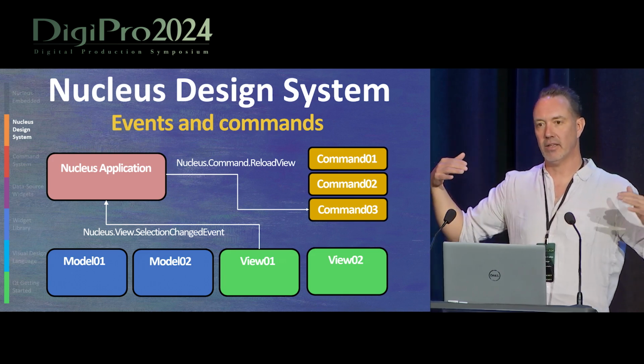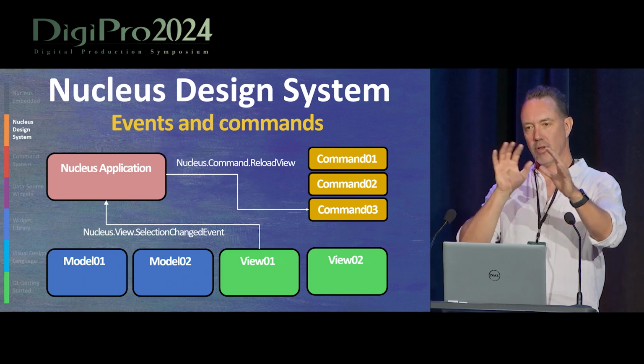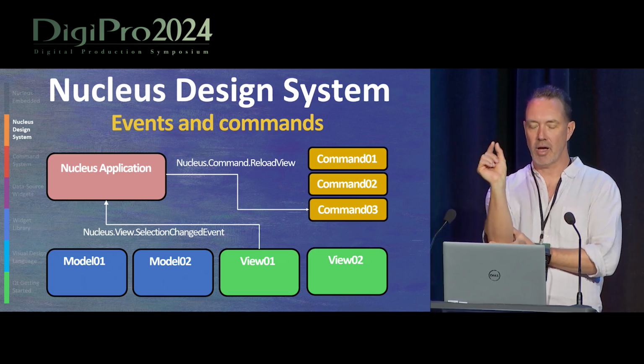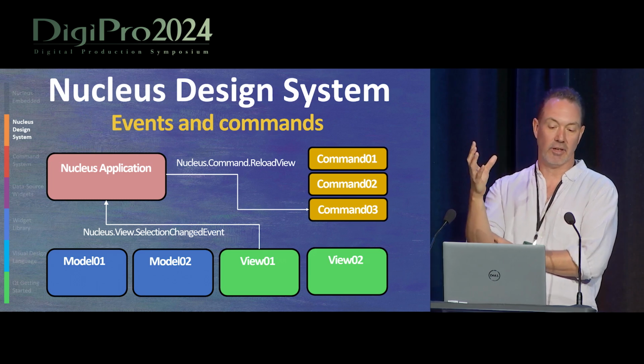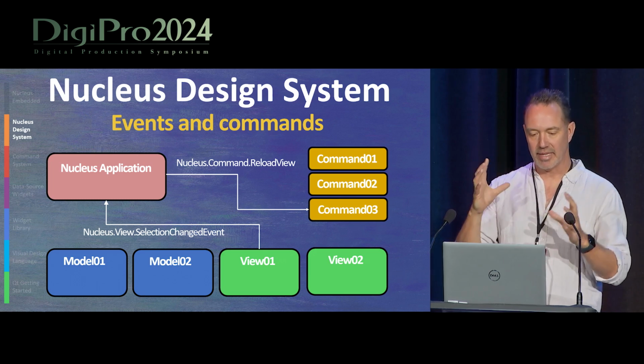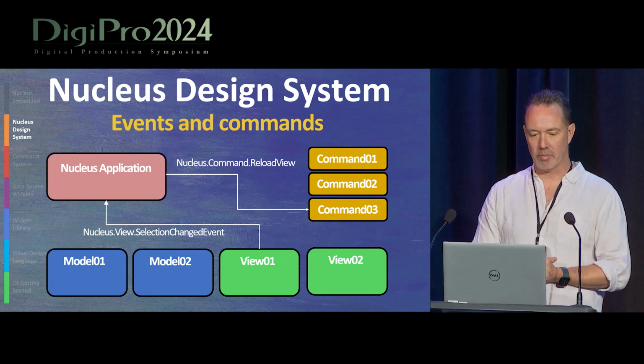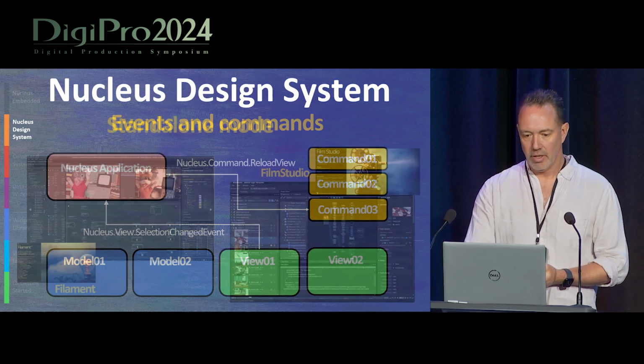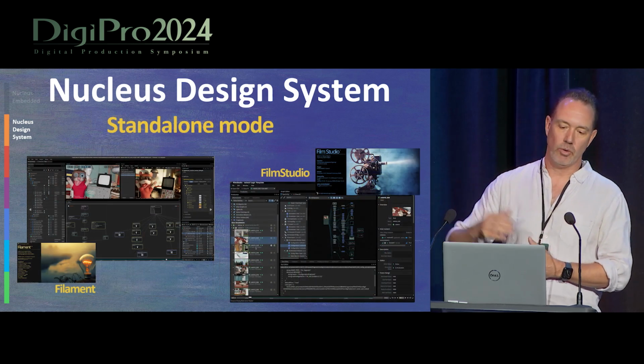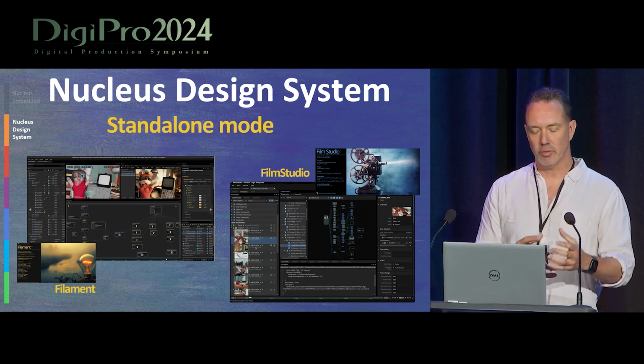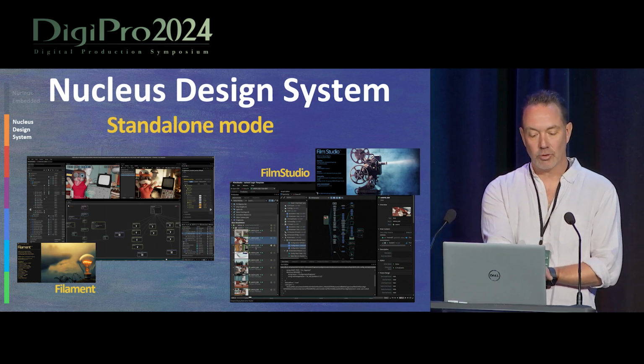And what that does is channel all of the orchestration of the models, views, and commands through a very tight pipe, and it means that it's very easy to rationalize, debug, and understand what's going on in very complex interactive applications.